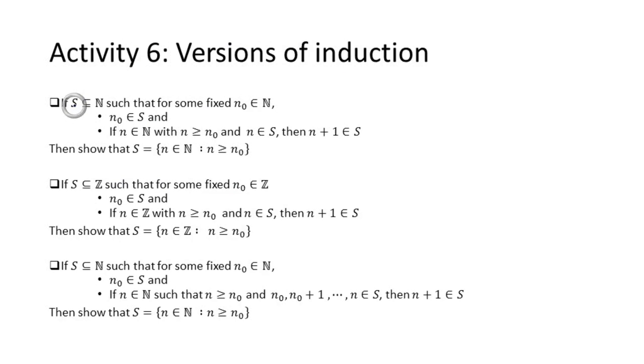Suppose we have a subset S of n with the property that for some integer n naught belongs to S, and for every integer n greater than n naught, if n belongs to S, then n plus 1 also belongs to S. Then the principle of induction in this case is that S contains all the integers which are greater than or equal to n naught.